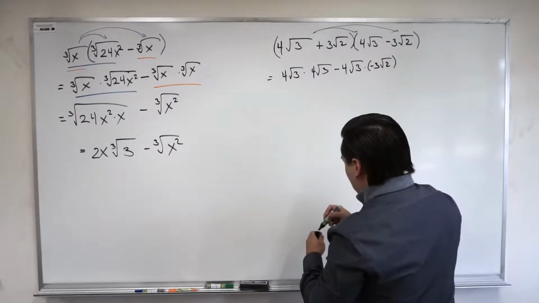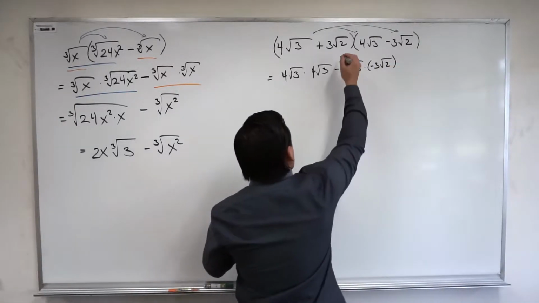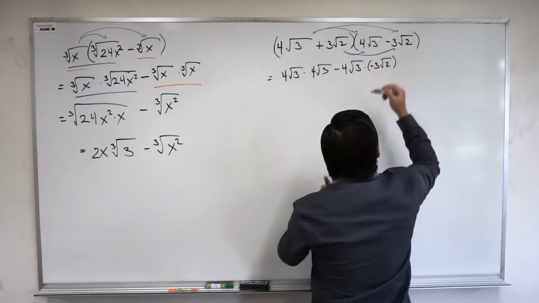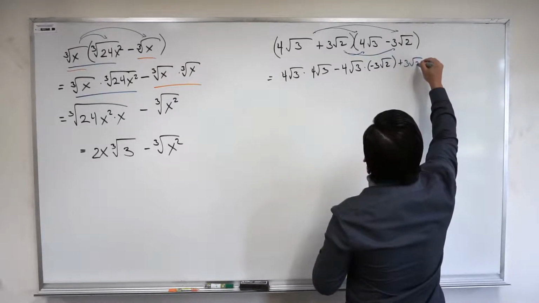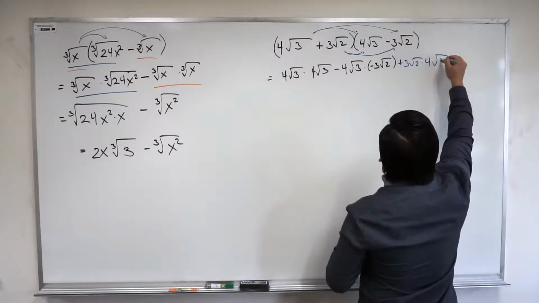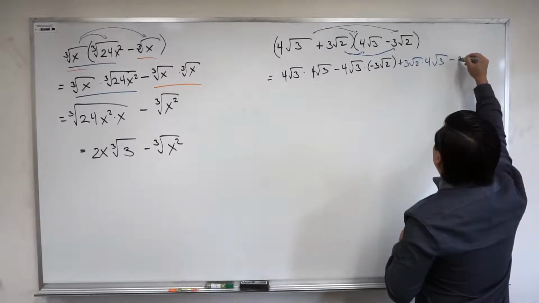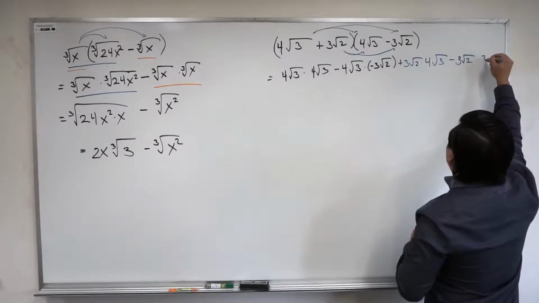Then we get the next one: 3 root 2 times 4 root 3 minus 3 root 2 times 3 root 2.